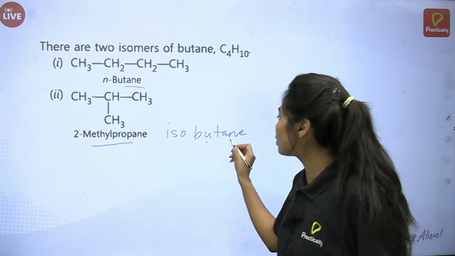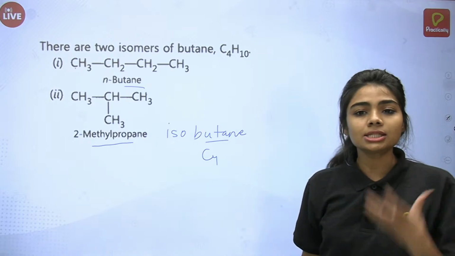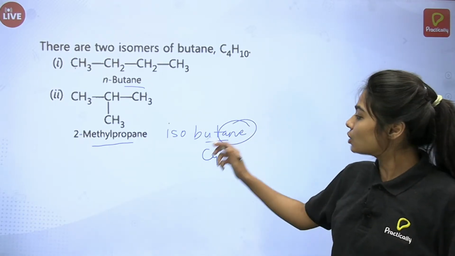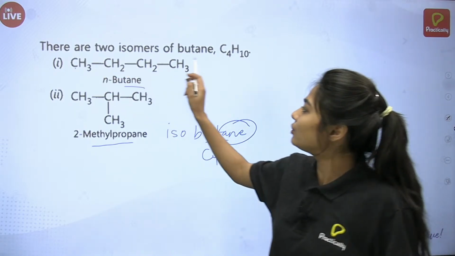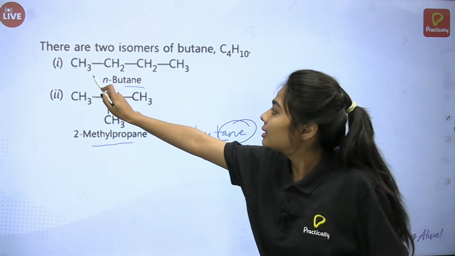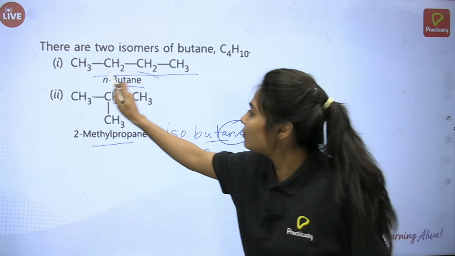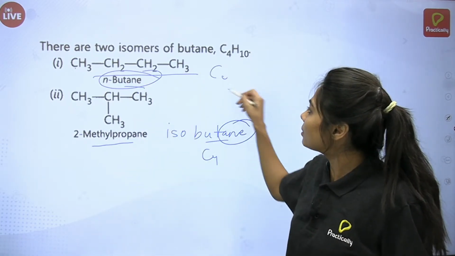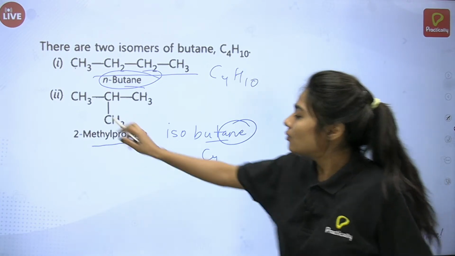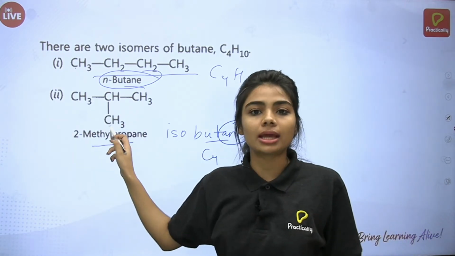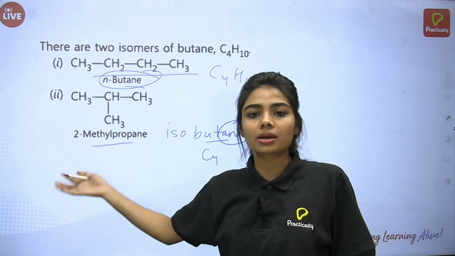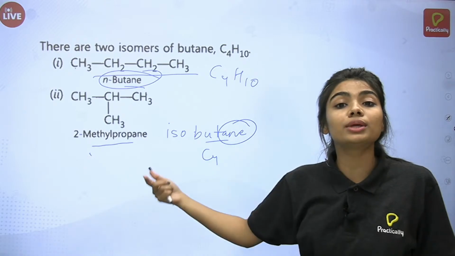But means 4 carbons, and this is n-butane, an alkane. So 4 carbons, 1, 2, 3, 4, a straight chain. That's why we say it is n-butane. It has 4 carbons, 10 hydrogens. This is also butane, but what kind? It is isobutane, or by its IUPAC name, 2-methylpropane.